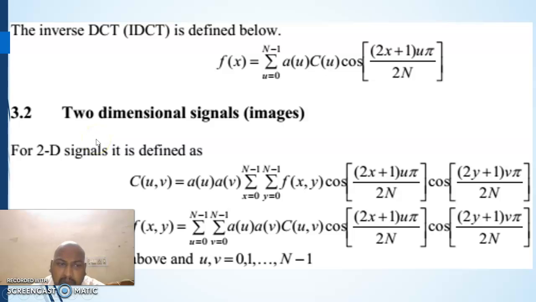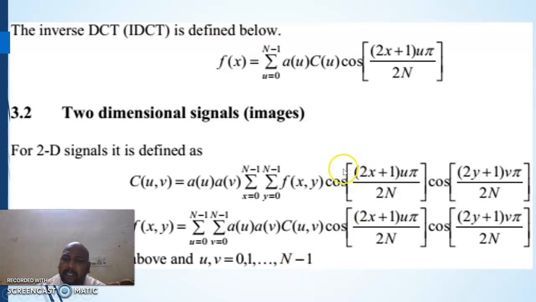Next we are going to see the two-dimensional transformation. It takes the successive application of the 1D transformation into consideration, and we have just increased the variables. Earlier the image was of one variable; now it is expressed in two variables, f of x comma y.